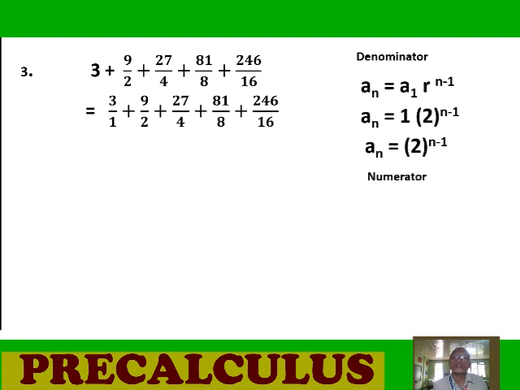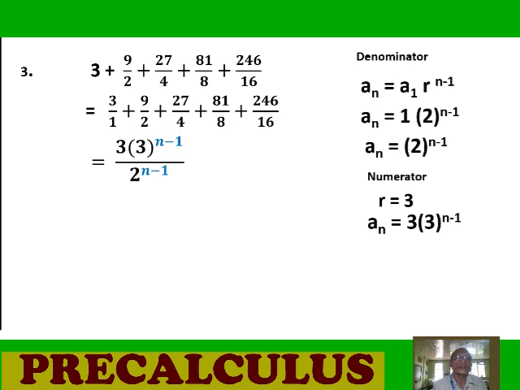The numerator forms a geometric sequence with the common ratio 3. The first term is 3. Substitute in the formula and simplify. Okay, so that is 3 times 3 to the power of n minus 1.